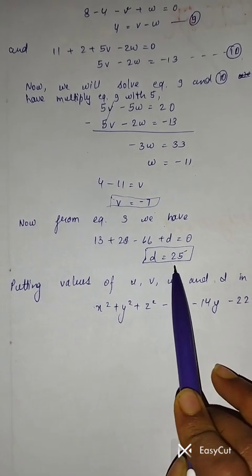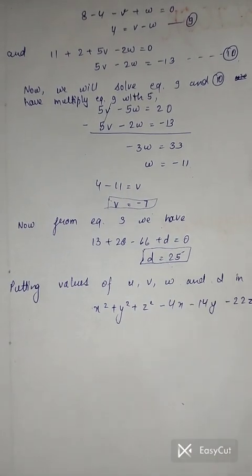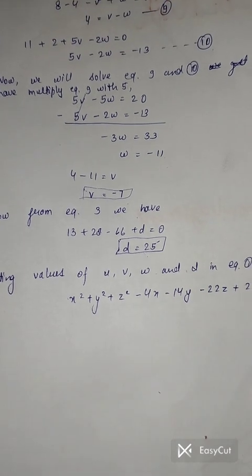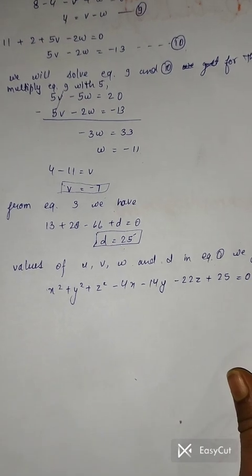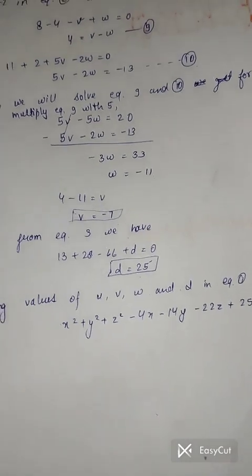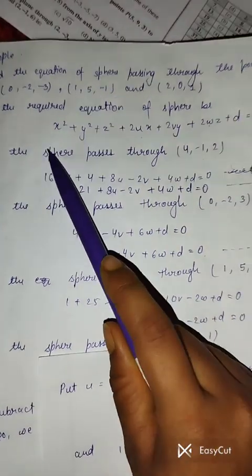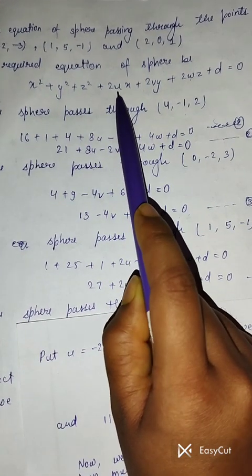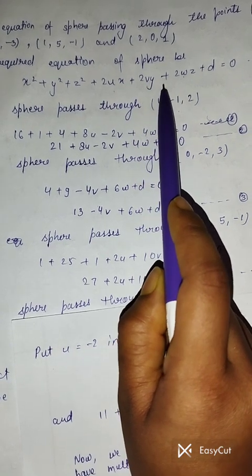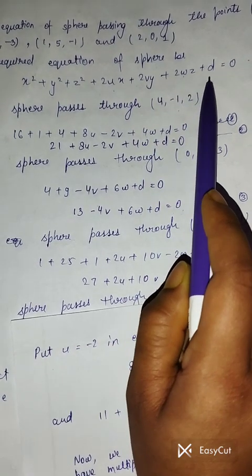Now we will put all these values in equation number 1, that is the general equation of the sphere, which we wrote in the starting portion. Here you can see it, x square plus y square plus z square plus 2ux plus 2vy plus 2wz plus d.